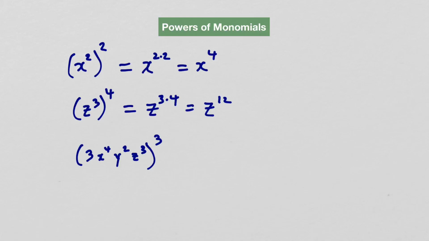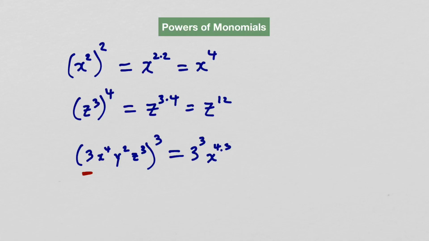So in my mind, I'm going to look at the first component first. Take the 3, and I'm going to raise it to the 3rd power. Then I'm going to take the next one, which is x to the 4th, but it's raised to the 3rd power, so it's x to the 4 times 3.